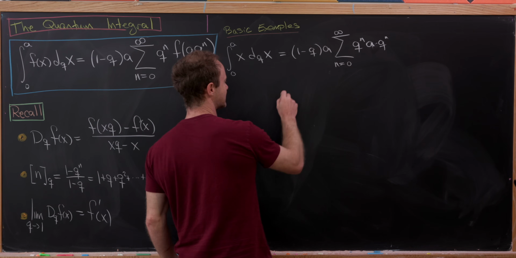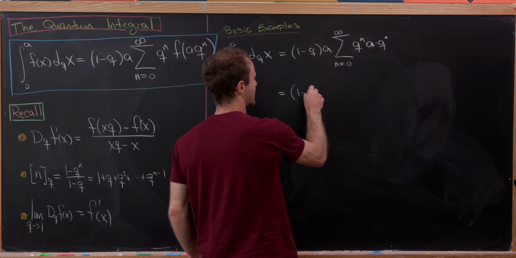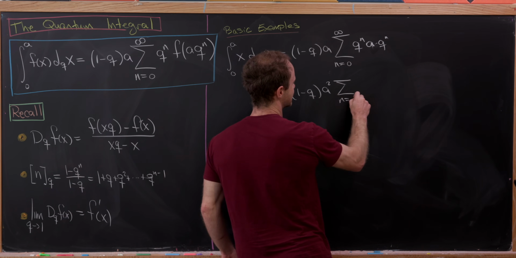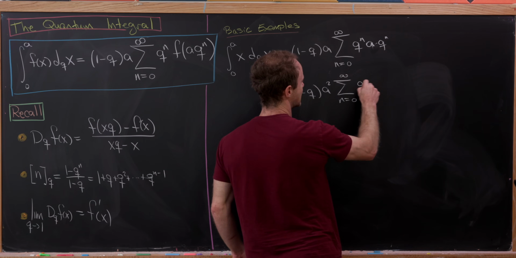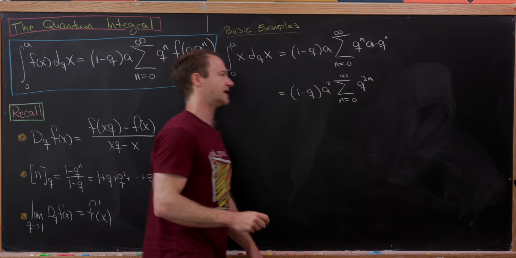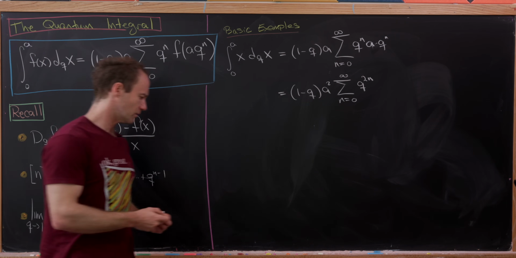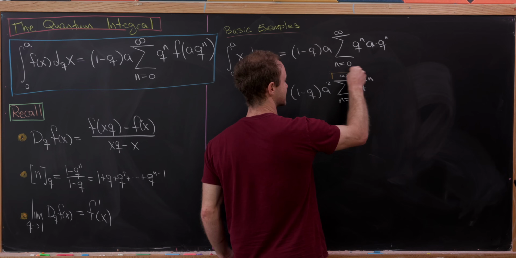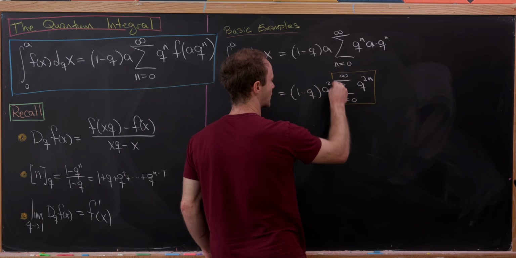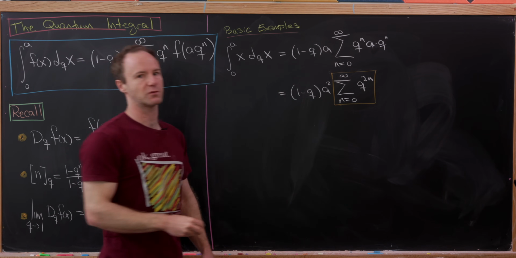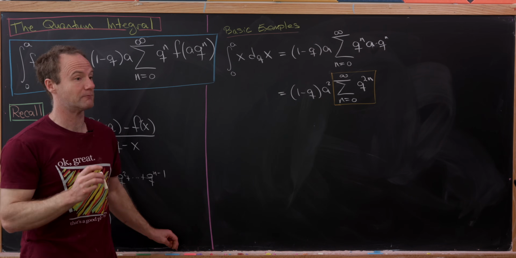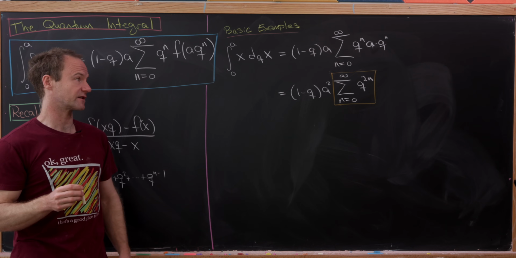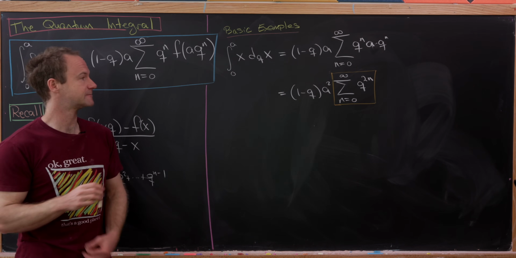So now we can simplify this a little bit. This will be (1 minus q) times a squared times the sum as n goes from 0 to infinity of q to the 2n. Oh, but look at this. This is exactly a geometric series. And here's the part where we either think about q as a formal variable or we think about the modulus of q being less than 1, so we can appropriately sum this geometric series.